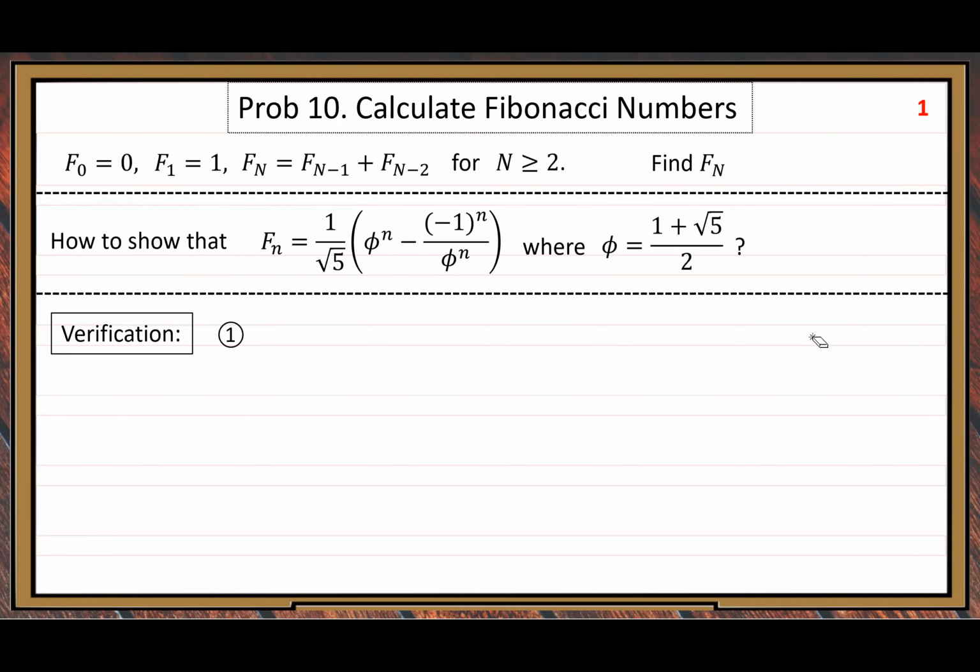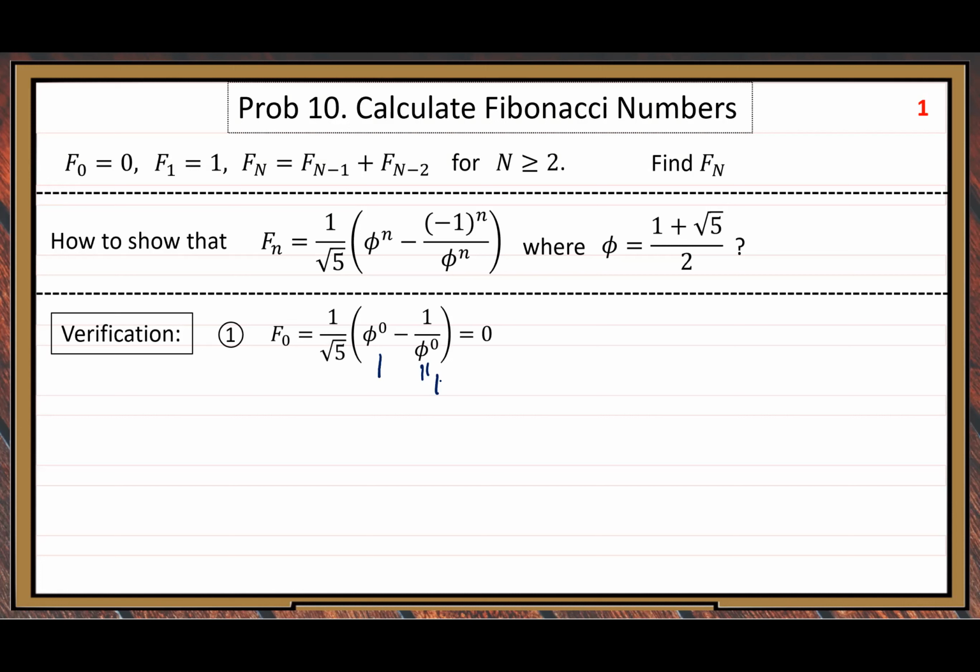we plug in n starting with 0, the easiest case. That's trivial, right? You plug in phi to the 0, that's 1. Denominator here also 1. You can see 1 minus 1, 0.